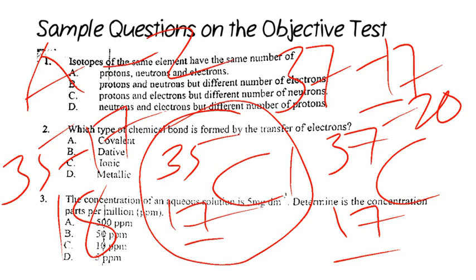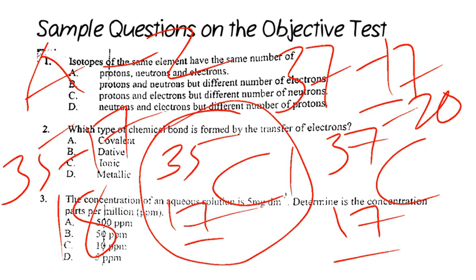Chlorine-35 has 18 neutrons, and chlorine-37 has 20 neutrons, thereby making them have different numbers of neutrons.